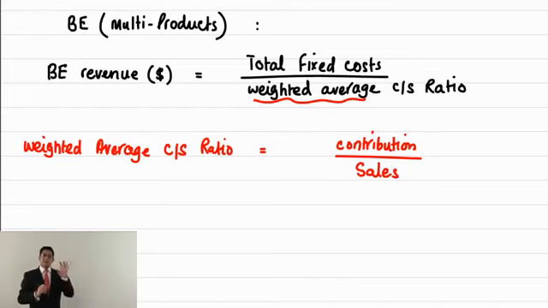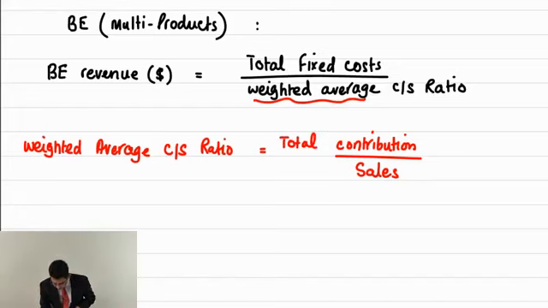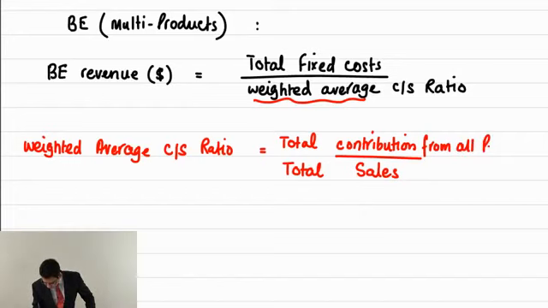Remember, this was originally the contribution to sales ratio. Now let's make it weighted average. There are many other mathematical ways, but here is a simple one. You just need to add one word on top and bottom, which is total, and it becomes total contribution divided by total sales from all products.